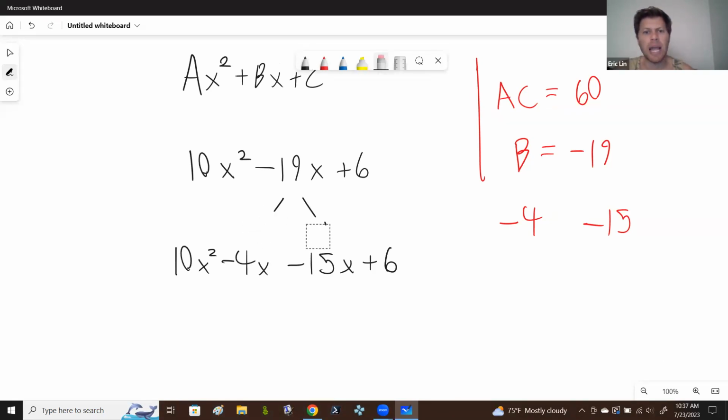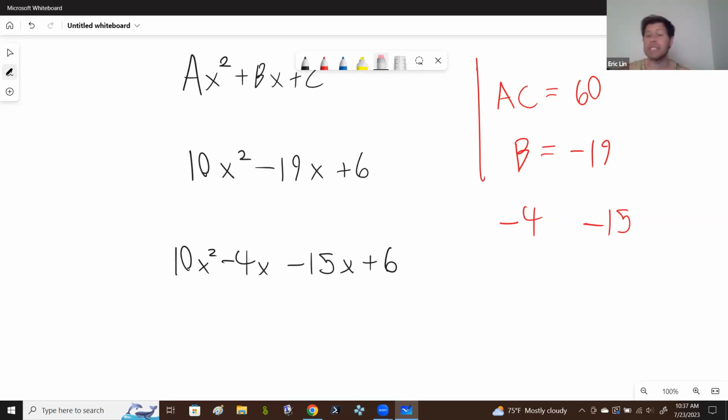Notice that there's no cryptic voodoo magic going on here. I can rewrite negative 19 as negative 4 minus 15, right? There's nothing wrong with that. I haven't actually changed the value of these terms. I've just decided to split them into two different denominations rather than having them as one single number.